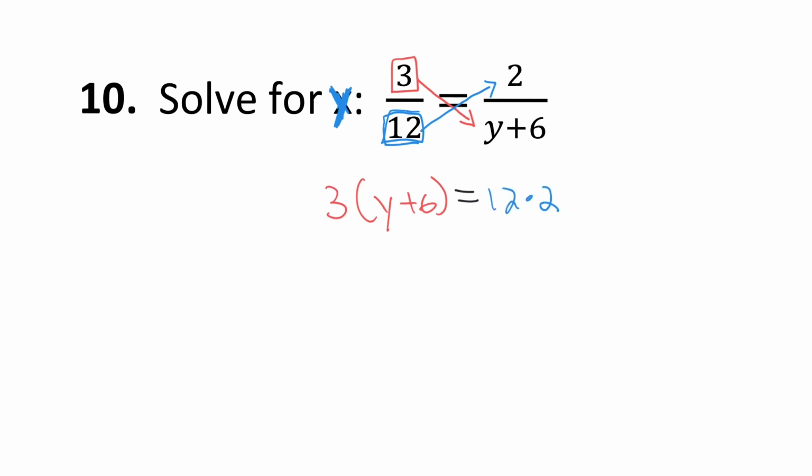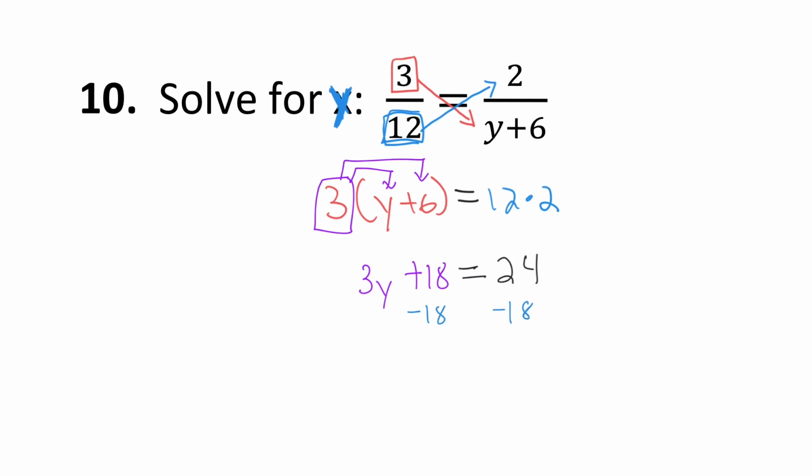So let's go back. Let's distribute the 3. 3 times y, that's 3y. 3 times 6, that's 18. And on the other side, 12 times 2 is 24. Then you just solve the equation. I need to get rid of the constant that's on the same side as the variable. So we're going to subtract 18 from both sides.